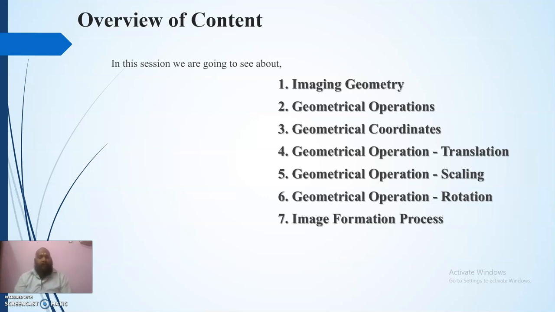After knowing about geometrical coordinates, we will discuss each and every geometrical operation, that is translation, scaling, rotation. So like this, we will be discussing three geometrical operations.